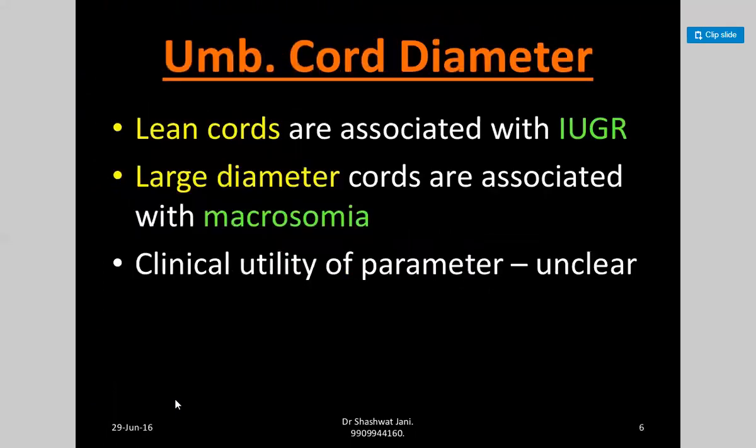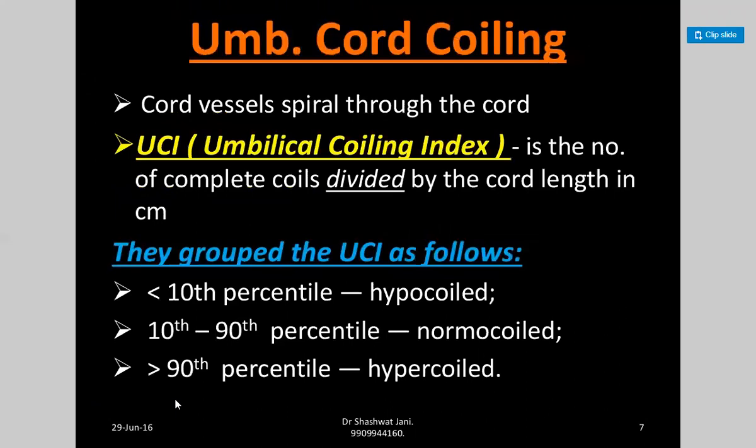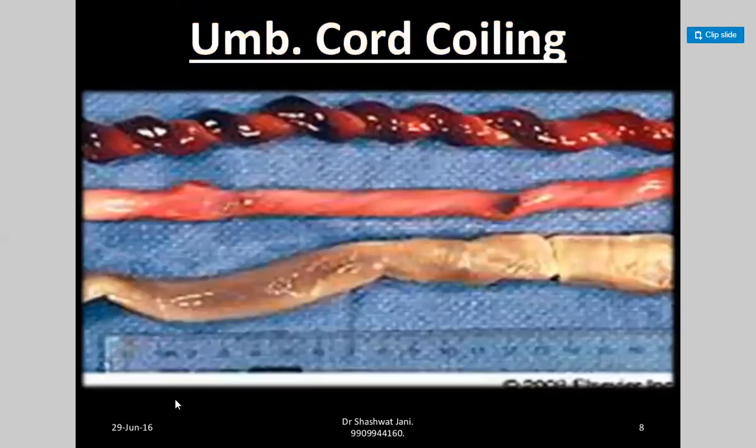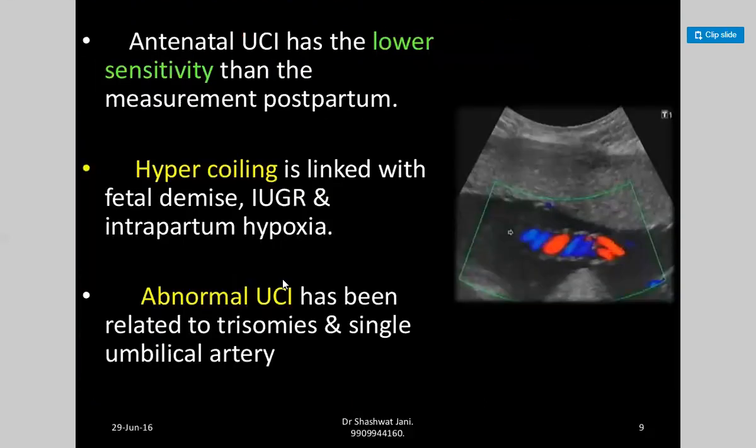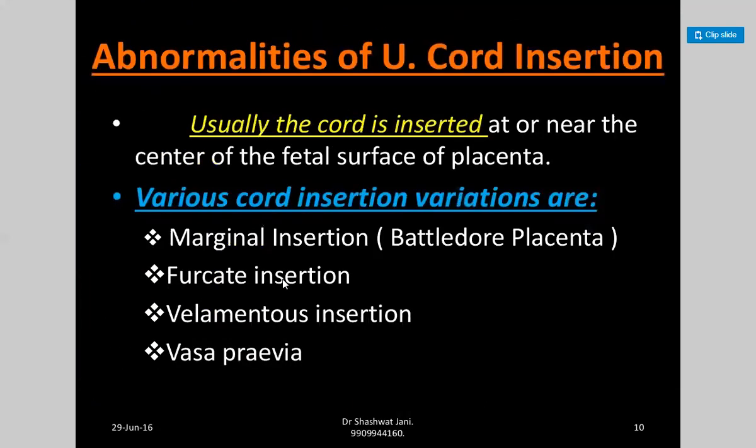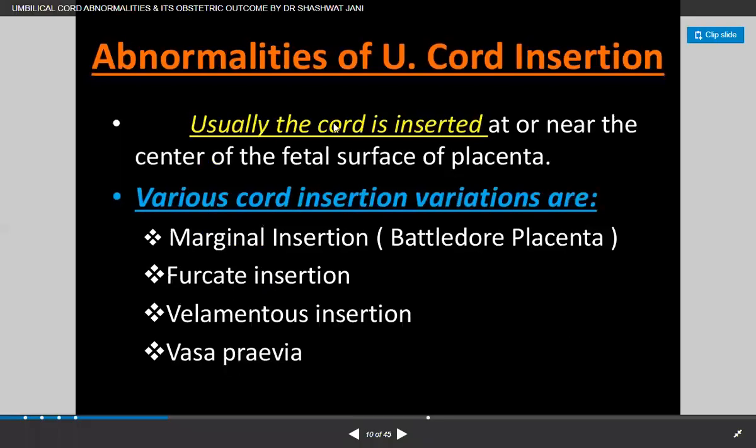Then the umbilical cord coiling: this is the normal, this is hypercoiled, this is hypocoiled, and how it looks on sonography. Then cord insertion-wise: it is central, marginal, filamentous, and vasa previa.